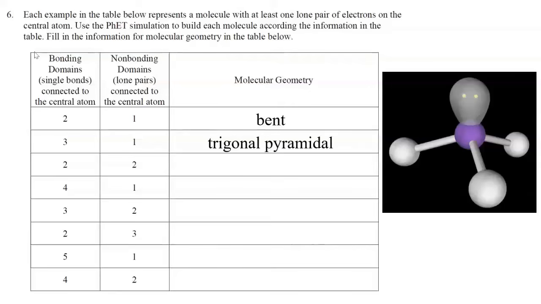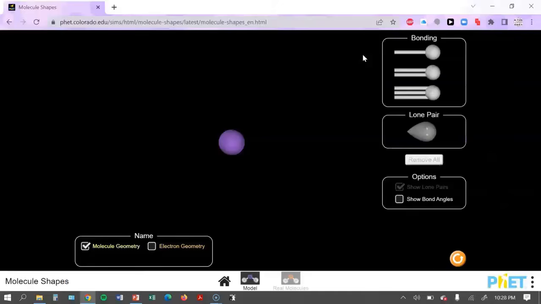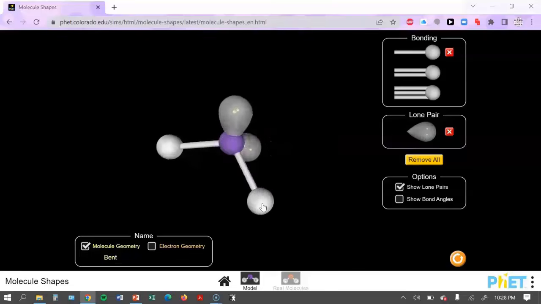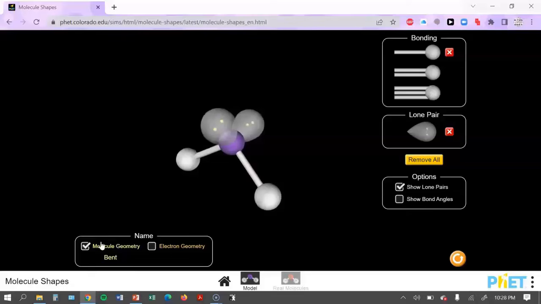Okay, our next example in the table would be 2 bonding domains and 2 non-bonding domains. So let's add 2 bonds and 2 lone pairs. And we can see that the shape of this molecule is bent.